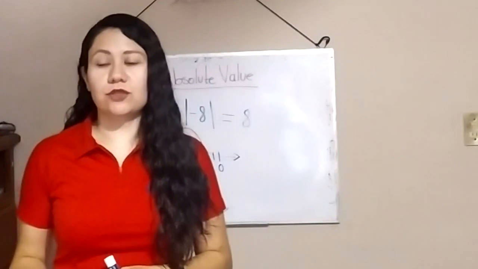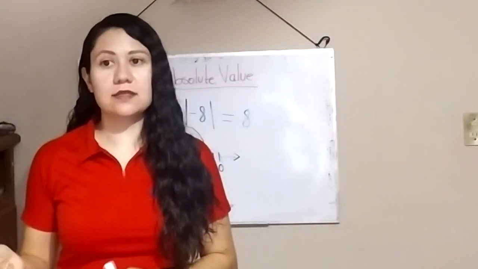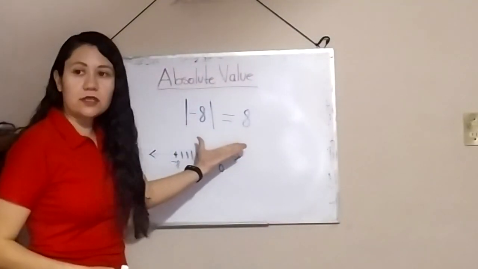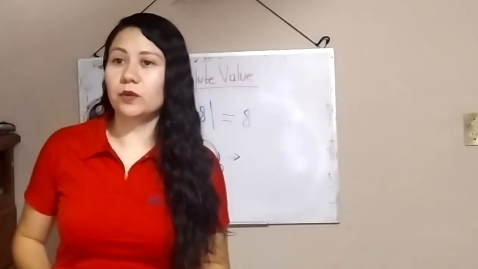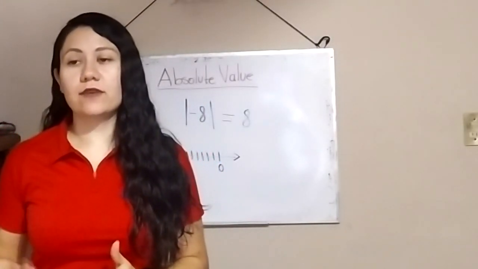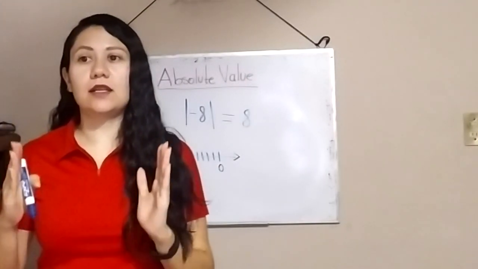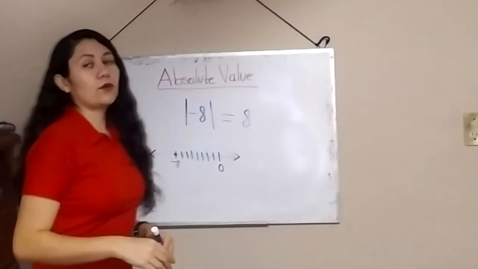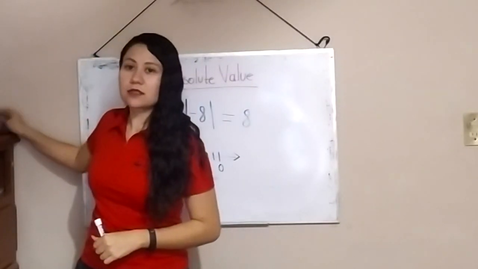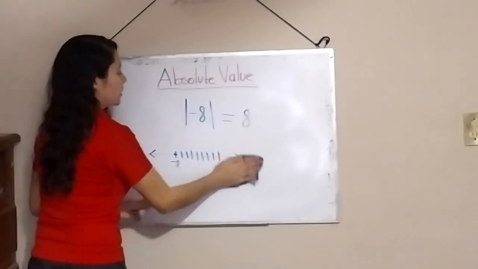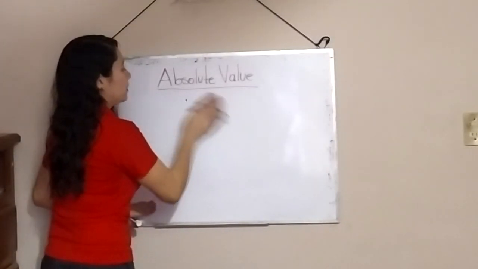In the presentation, you have some exercises similar to this one that you can solve on your own. And then you have operations including the absolute value sign. We are going to make the exercises with the operations including the absolute value.